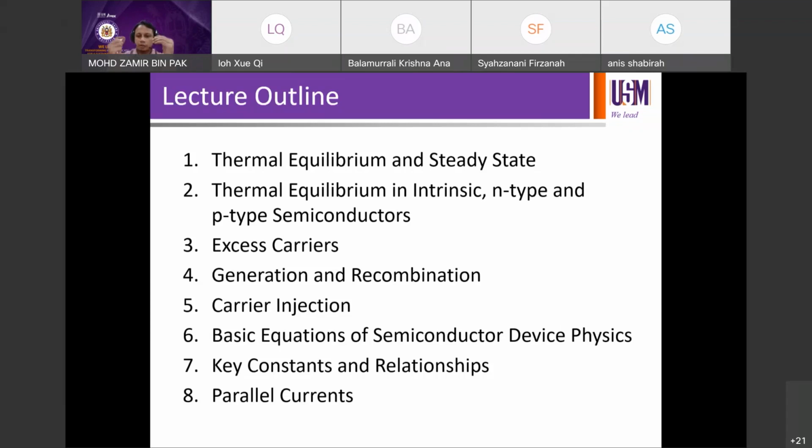The moment your semiconductor materials are at thermal equilibrium condition, then you introduce a new set of carriers, new volume of carriers into the system. This is what we call excess carriers. Then we're going to learn the concept of generation and recombination, carrier injection. We're going to look at a couple of important equations around this concept, right? A key constant relationship and parallel current.